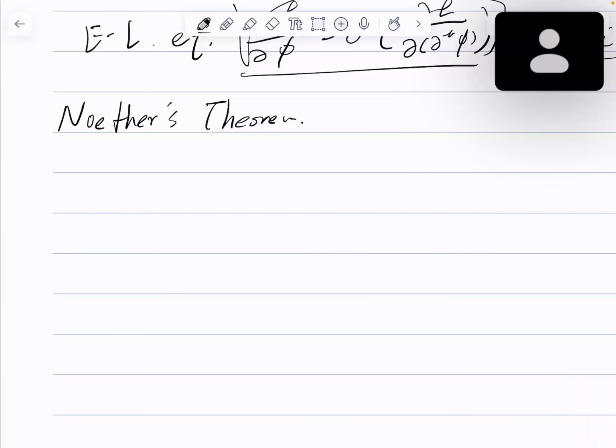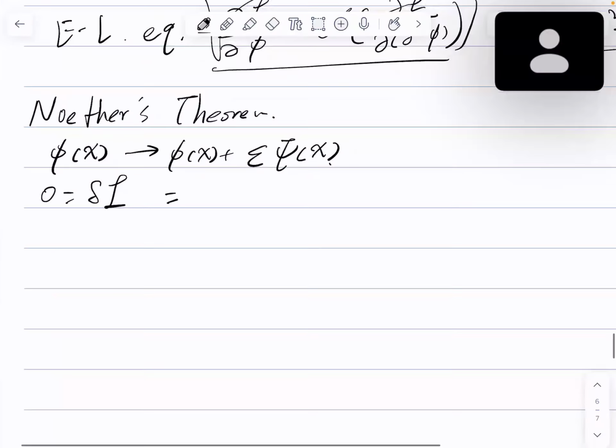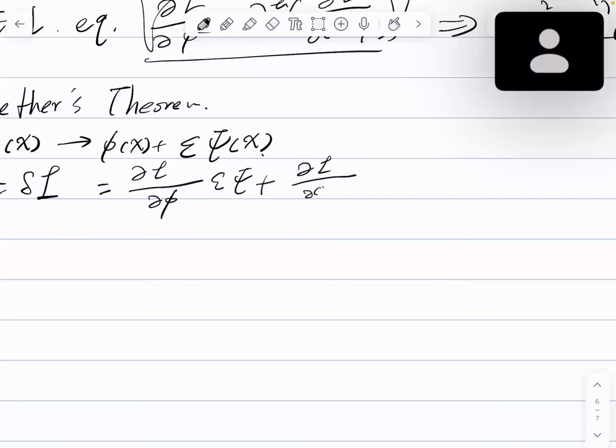If we perform a small change to the field φ(x), making φ(x) into φ(x) plus a small ε ψ(x), and we assume the Lagrangian is unchanged, δL equals zero, we can obtain ∂L/∂φ ε ψ plus ∂L/∂(∂_μφ) ε ∂_μ ψ.